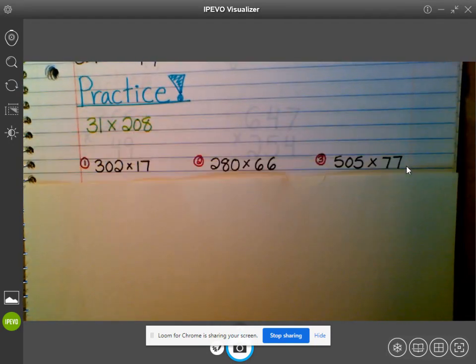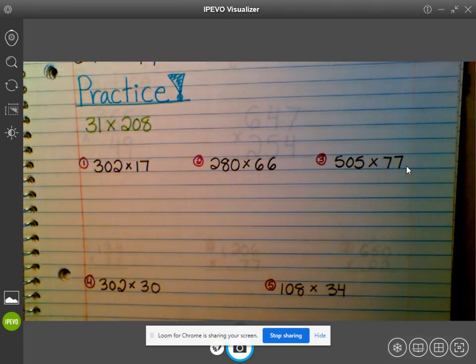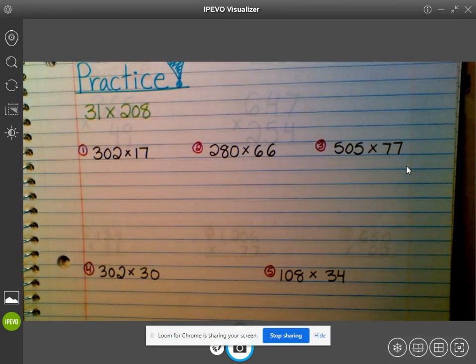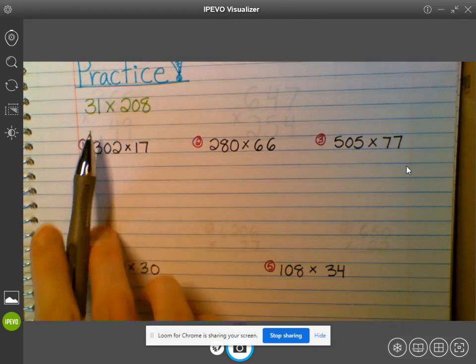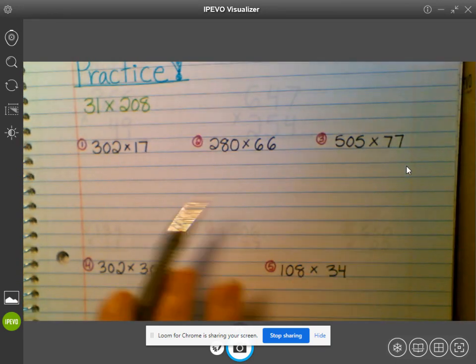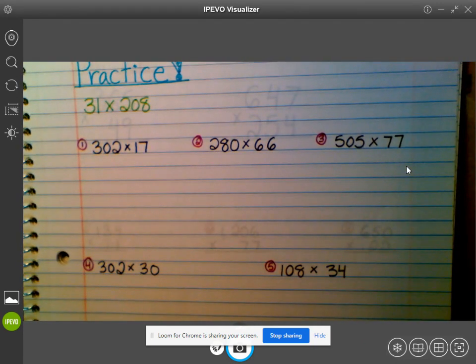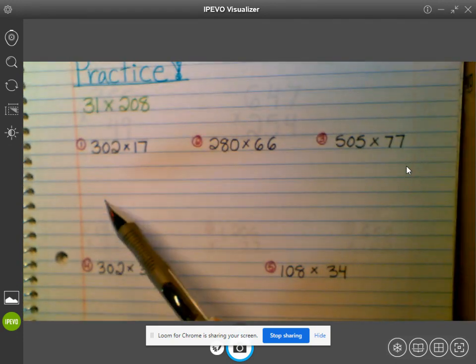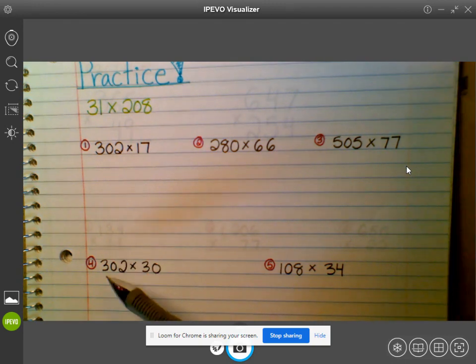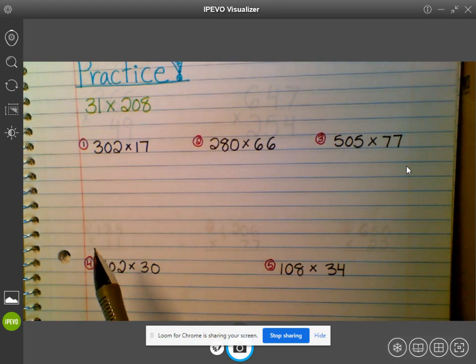All right, so here are our problems. Yes, that's one we're going to do together, and then the rest of these are going to be, we might do this one and number one together, and then the rest will be ones that you do on your own. So notice, you guys, I left a lot of space because when we stack our numbers and then we're getting partial products, we do use quite a few lines to make sure you're giving yourself enough room to do your work.